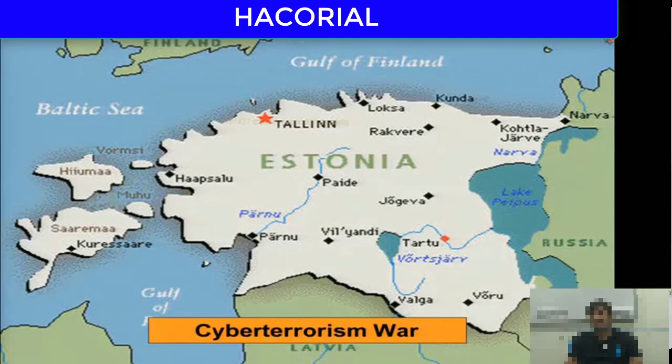Now a few years ago, the Russian military decided to attack Estonia. And it was not a traditional attack where you require bombs and tanks and airplanes and soldiers. This was a cyber terrorism attack where essentially the Russian military or the Russian intelligence executed a DDoS attack against Estonia.